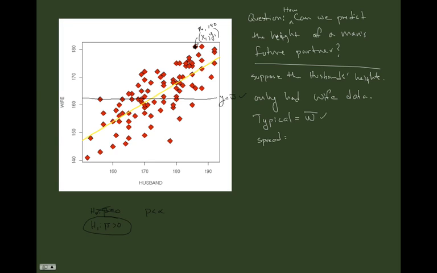x1 and y1. Now if I project down to the x-axis, I want to point out that there are two other ordered pairs to consider. There's the ordered pair x1, w bar, because remember, every point on that horizontal line has w bar height.